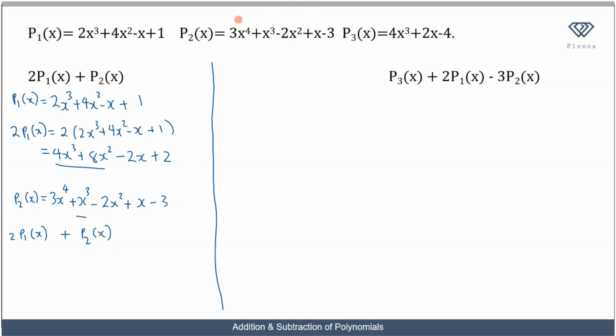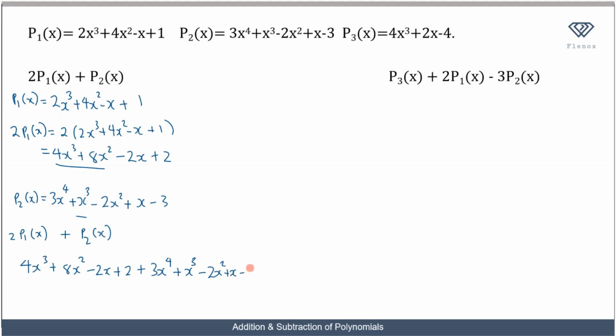So what would that be? Let's get that done. That will be 4x cubed plus 8x squared minus 2x then plus 2, then plus, writing this term out, 3x raised to 4 then plus x cubed then minus 2x squared then plus x minus 3.